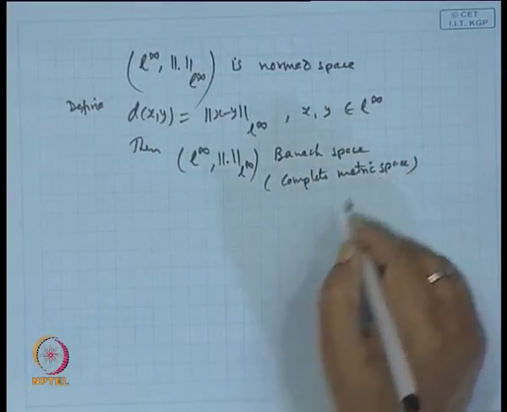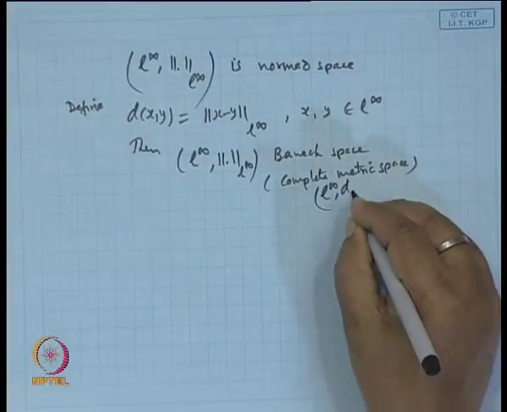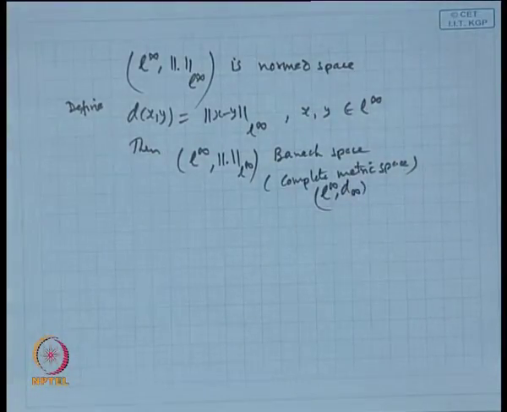When you say complete metric space, it means (L infinity, d) is complete.